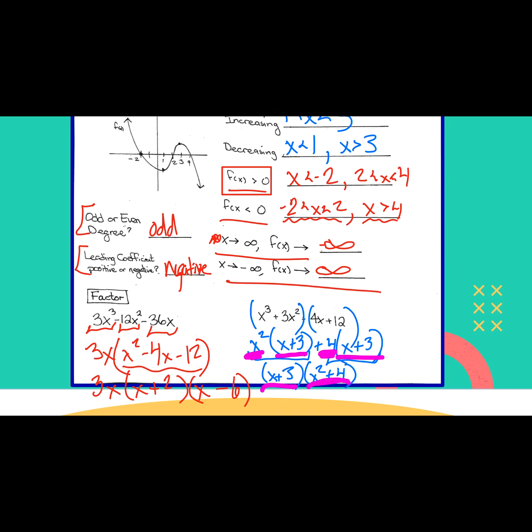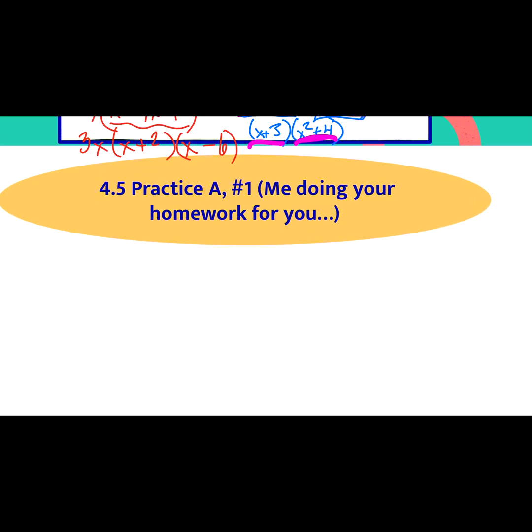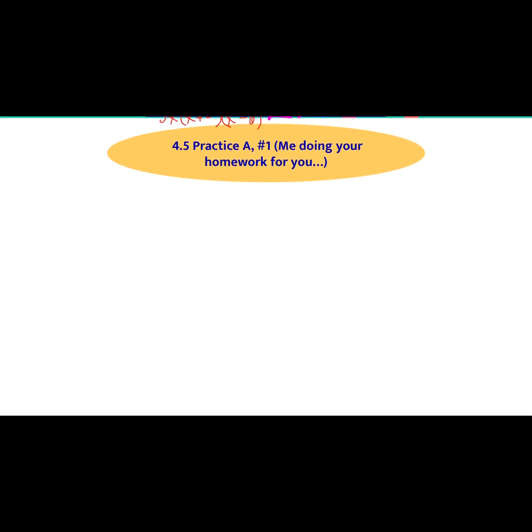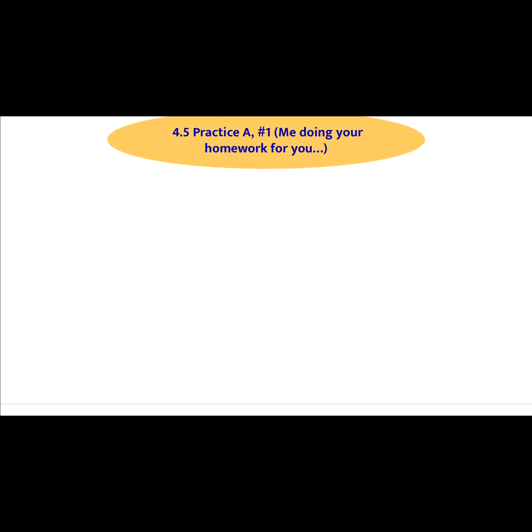Good? Okay. All right, so let's look at your piece of paper, and let's look at 4.5, number uno. The paper copy. Yep, 4.5, number one.